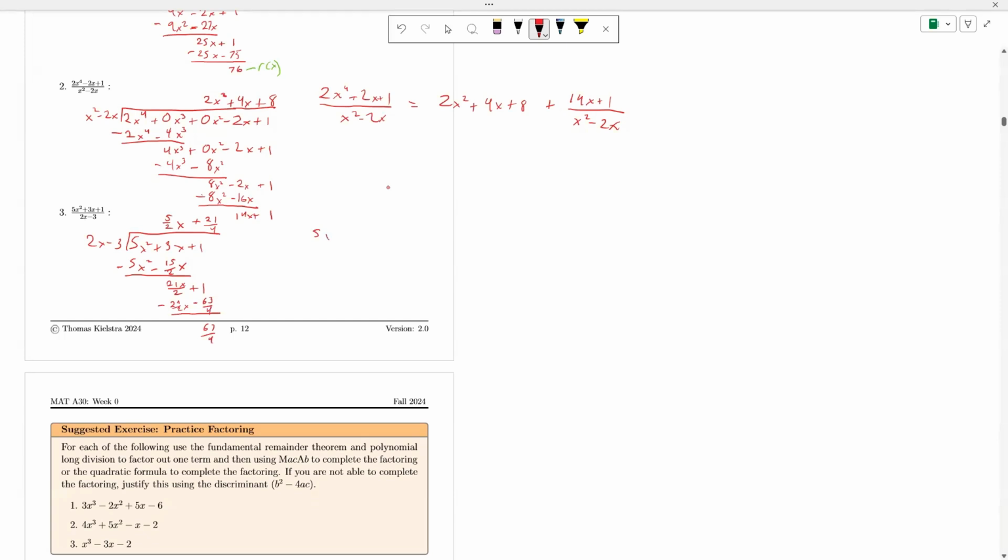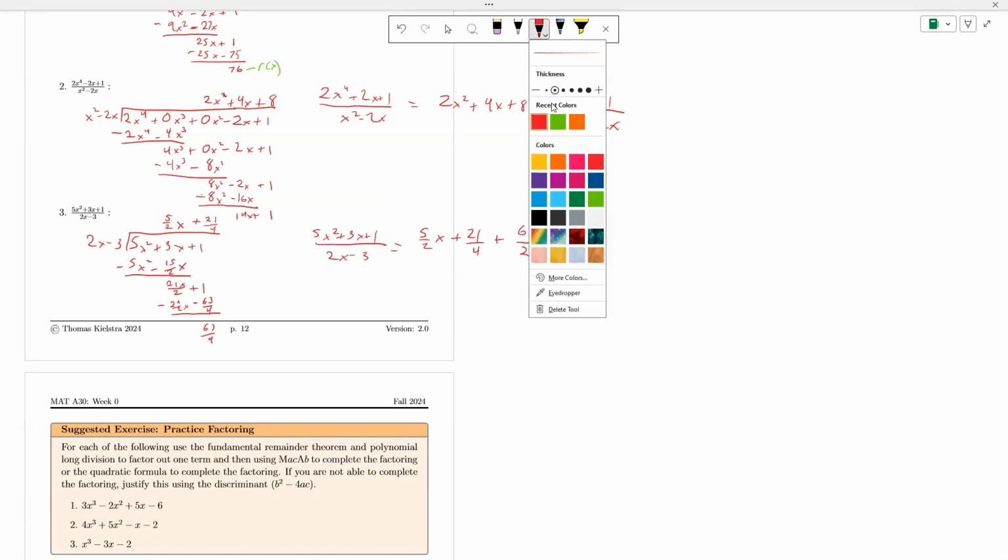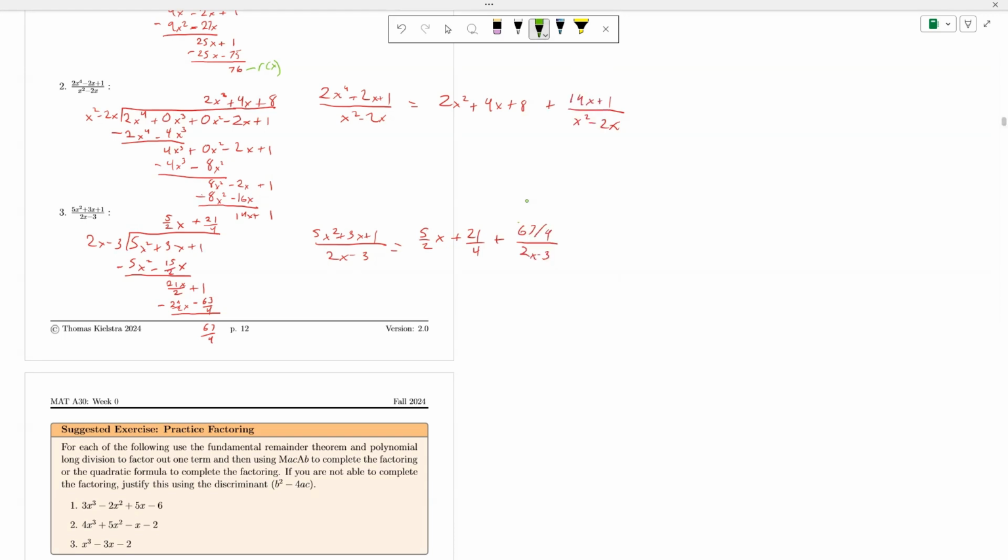So our division, 5x squared plus 3x plus 1 divided by 2x minus 3 is equal to 5 over 2 x plus 21 over 4 plus 67 over 4 divided by 2x minus 3. And one thing to note is that this term here is often written as 67 over 8x minus 12. That 4 will be brought down into the denominator.